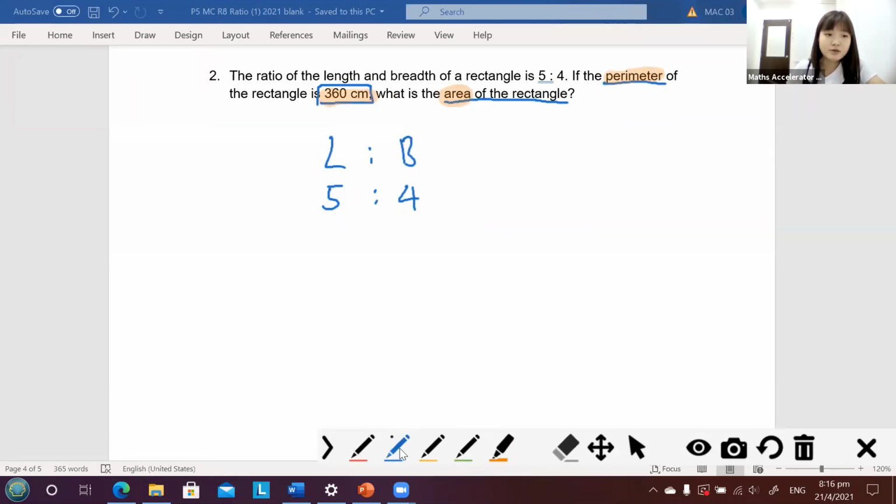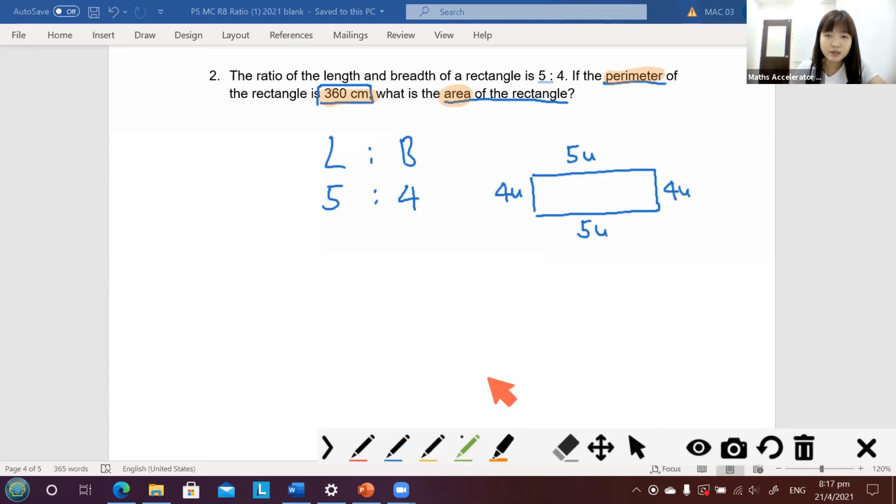So how? This type of question, if you are not able to visualize the question, you can always draw it out. The rectangle. Length, 5 units, 5 units. Both the length here, 5 units. Then the breadth, 4 units, 4 units.